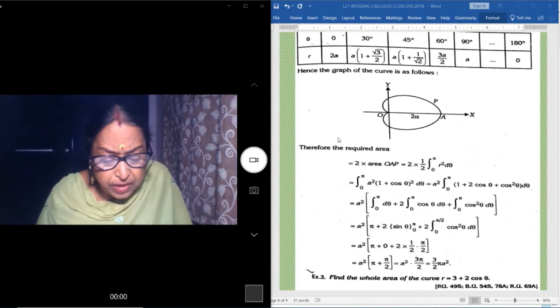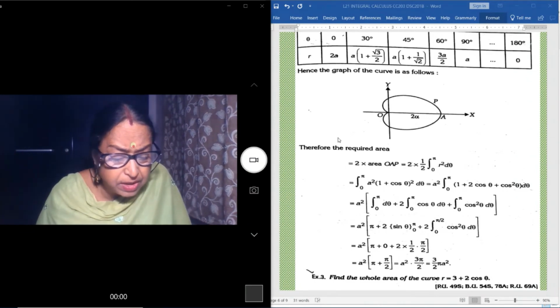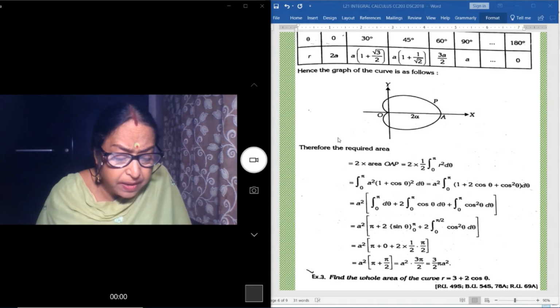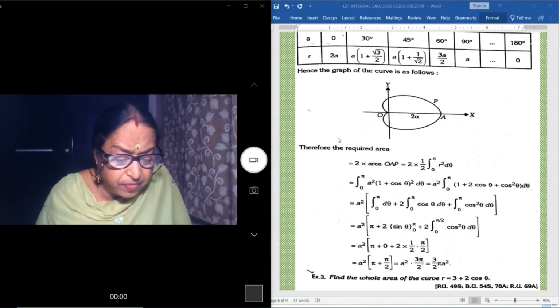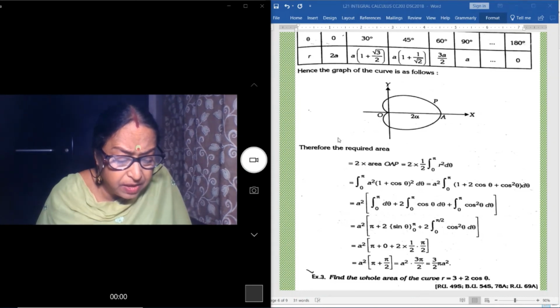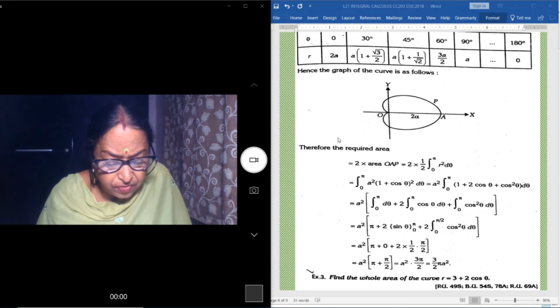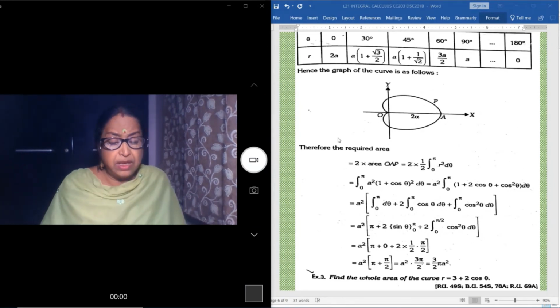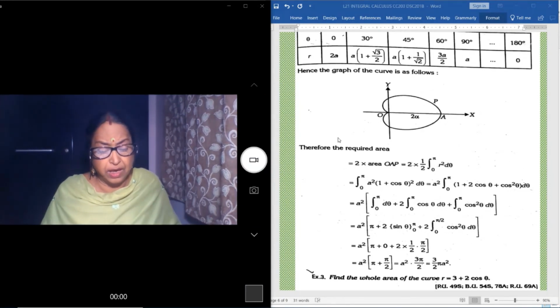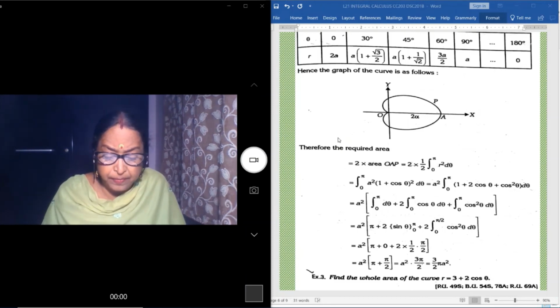When it moves further, at the angle 45 degree from the origin, we will get this one. At 60 degree, we will get 3a by 2, at 90 degree it will become a, and at 180 degree it will become 0. So, drawing this type of graph, you are to find the value of the area.